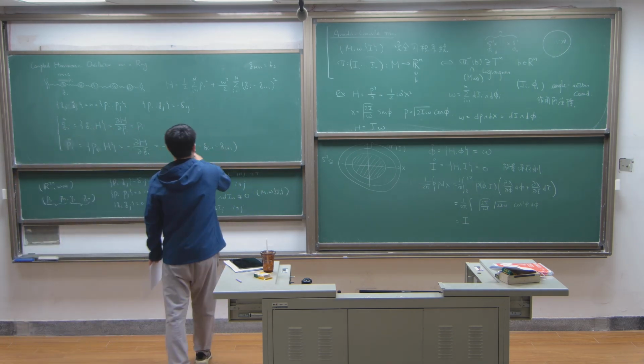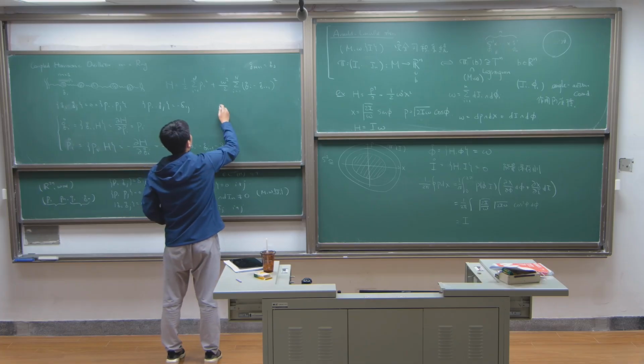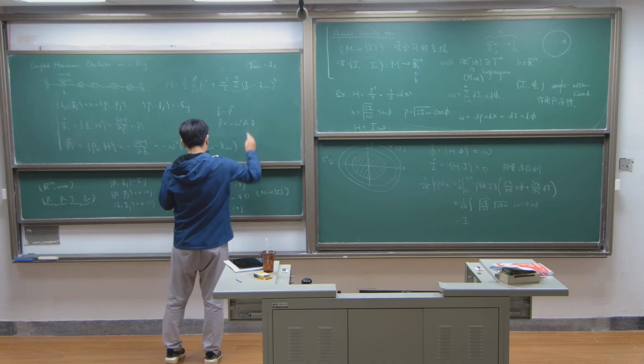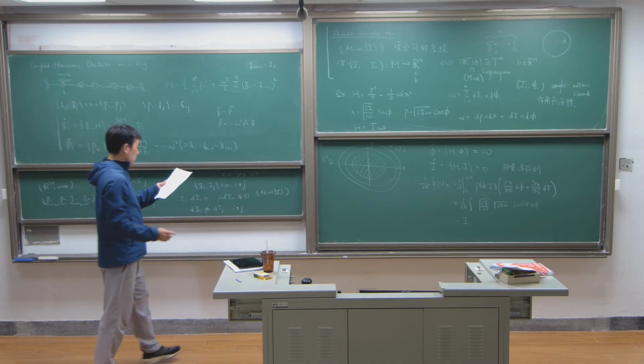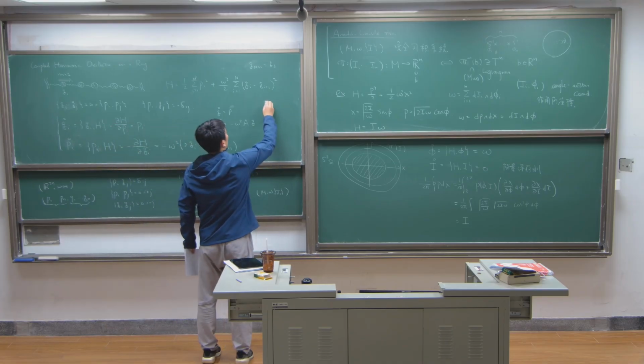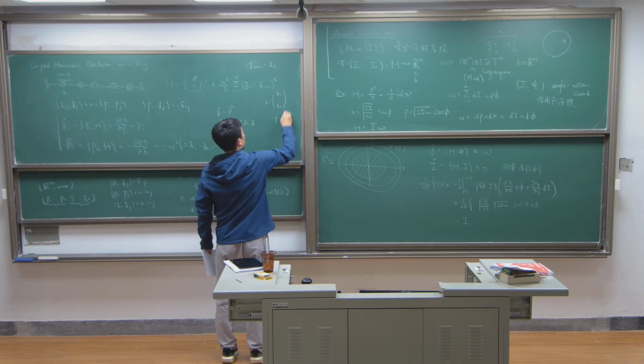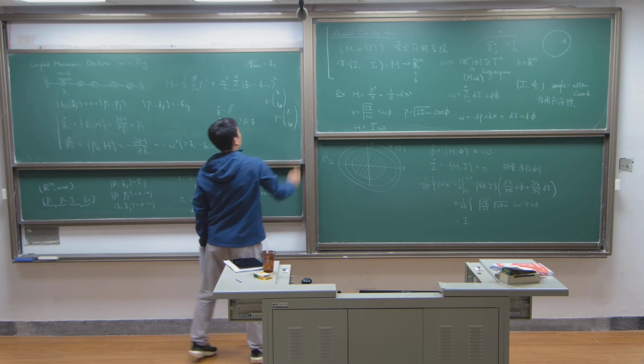So one can write down this Hamiltonian equation as follows. Suppose Q dot is equal to P, and P dot is equal to minus omega squared A Q. So now you just write down the Q as Q1 through Qn, and the P as P1 through Pn, like this.